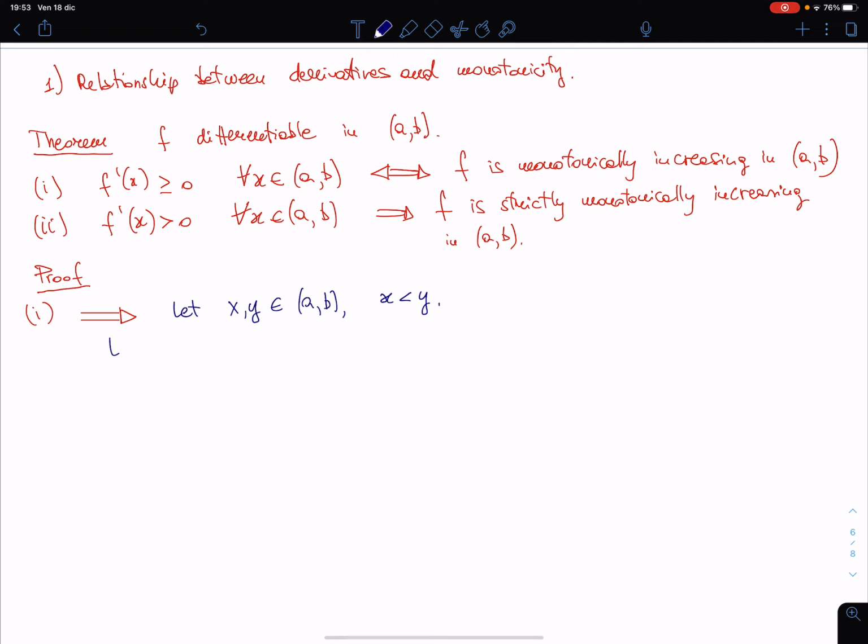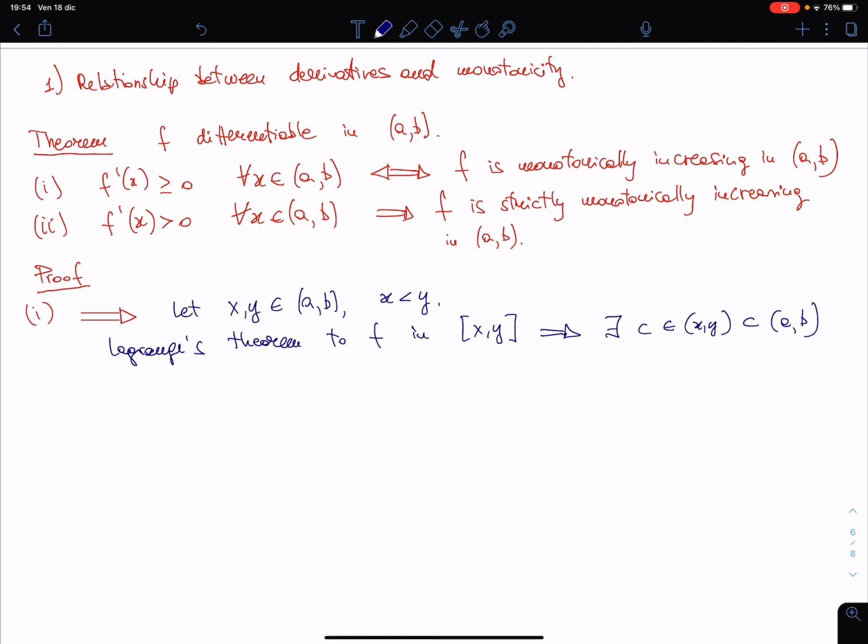Then Lagrange theorem, applied to the function f in the interval xy, implies that there exists a c in xy, which is included in AB, such that f of y minus f of x is equal to f prime of c times y minus x.